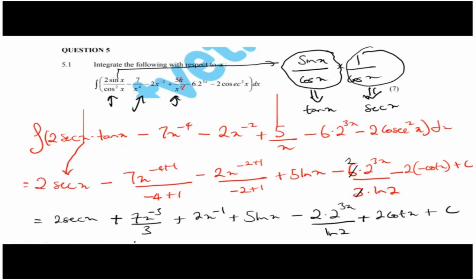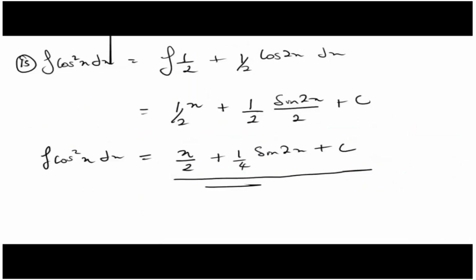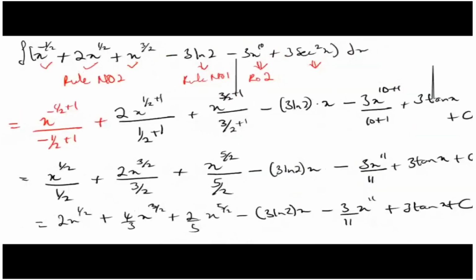All together, this is your final answer. Is that fine? So that is how to integrate this one. All right. Awesome. So the last one, before we jump into the next thing. That one there.